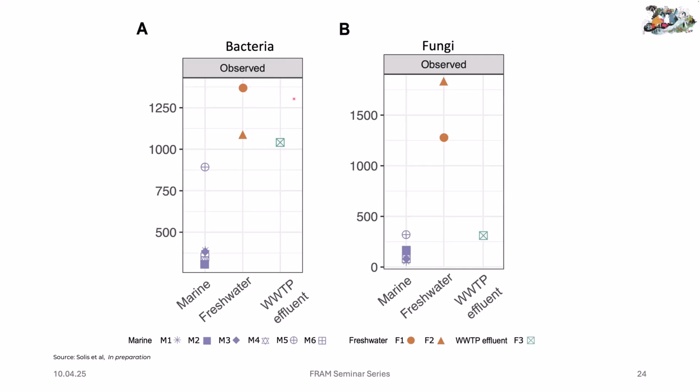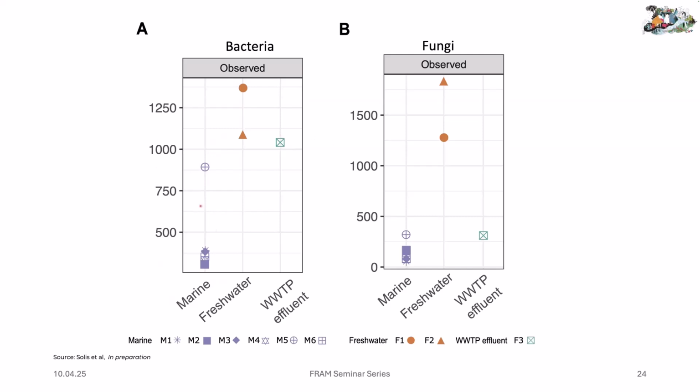Usually we do a multi-metric assessment, and just for the sake of the presentation I'm only showing the observed, but the pattern for Shannon or Chao1 is basically the same. So what do we observe? You can clearly see that all the marine sites are clustered together, and they have a lower biodiversity than the freshwater sites, for bacteria and for fungi.